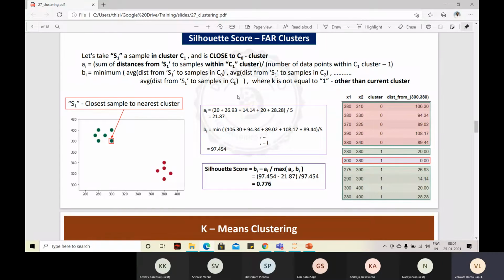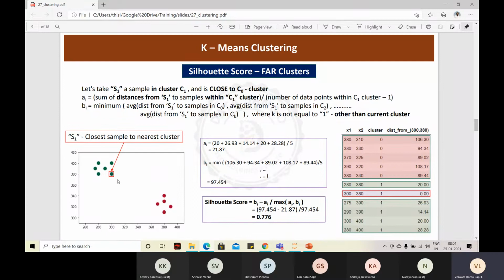Did you get it? The silhouette score is actually trying to look at the data point and the distance between the data point and the other points within the cluster, and the distance between the data point and the closest cluster, and whichever is higher, depending on that you will get negative or positive. If the clusters are overlapping, you will get negative.